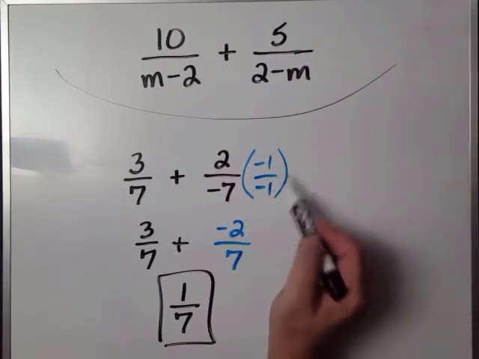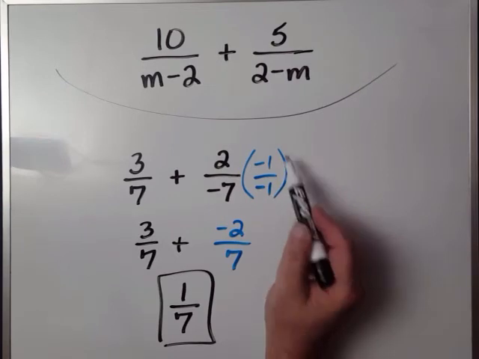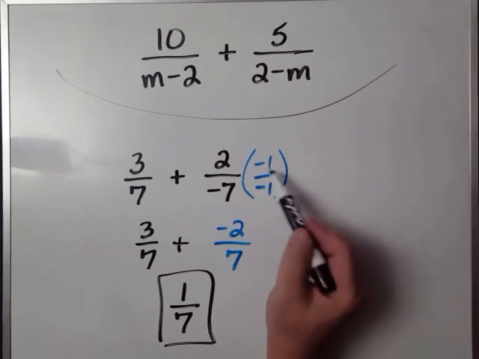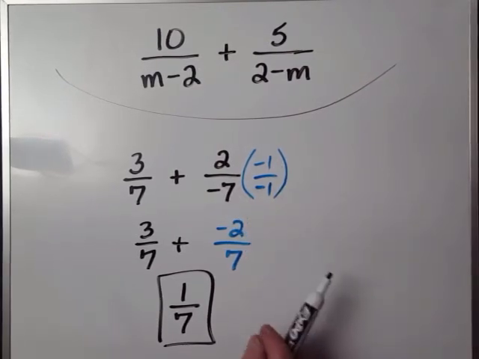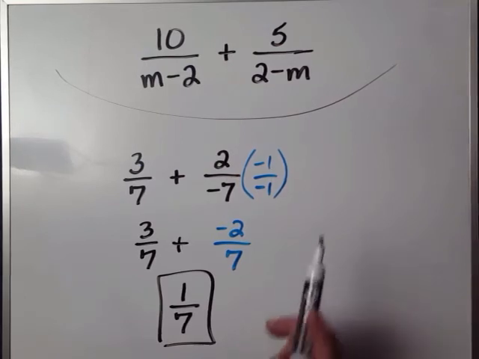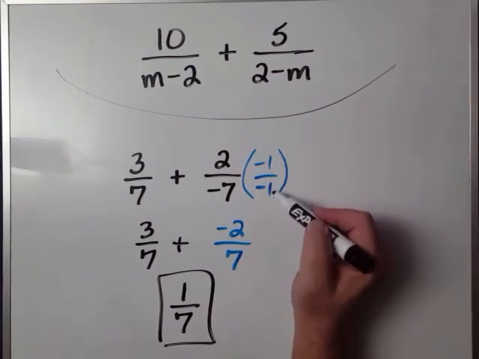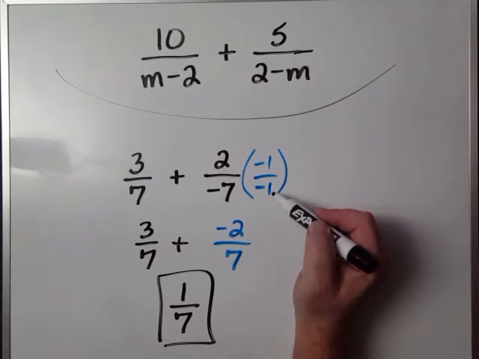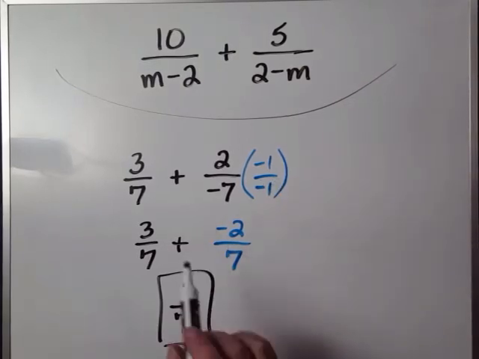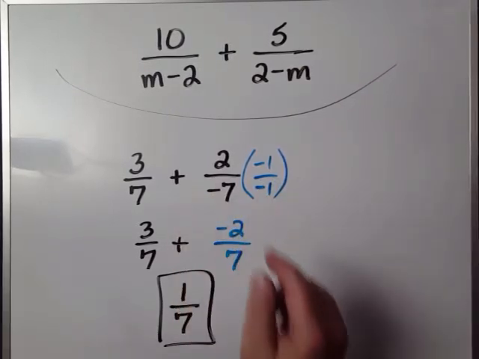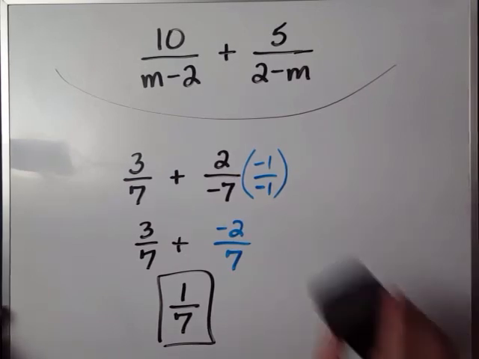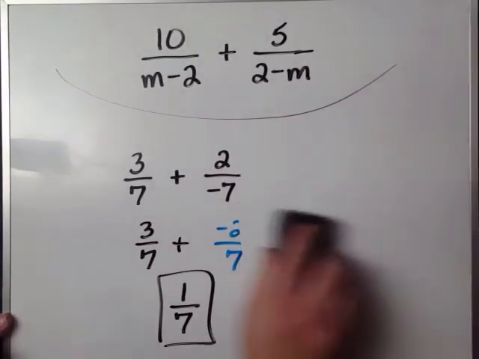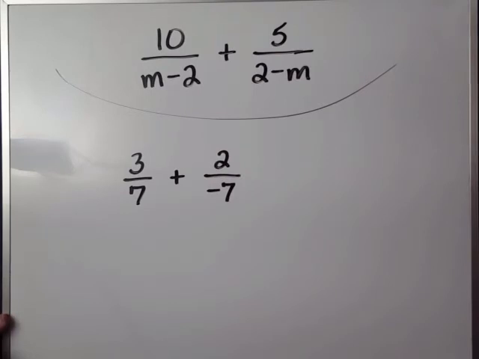Now, I want to kind of streamline this right here where we are changing this denominator to its opposite. You can certainly do it by multiplying top and bottom by negative 1. But what else do we know about negatives that live in fractions? Negatives that live in fractions can live in one of three places.